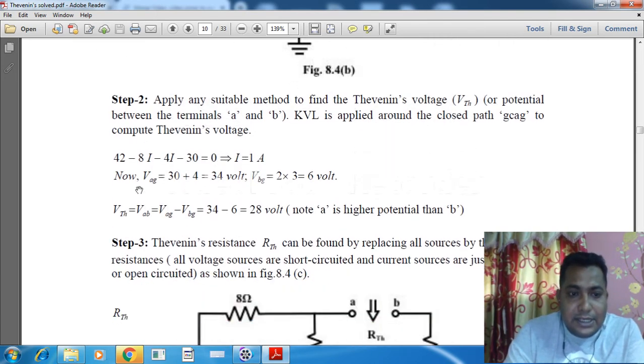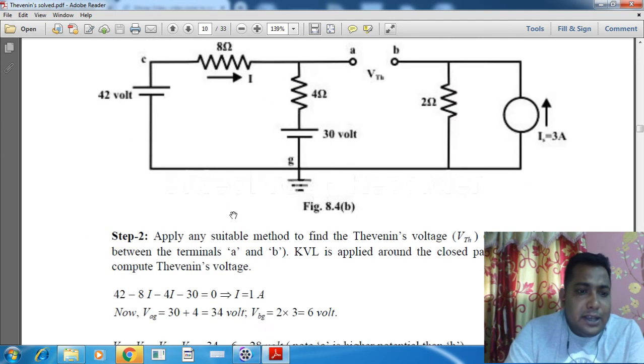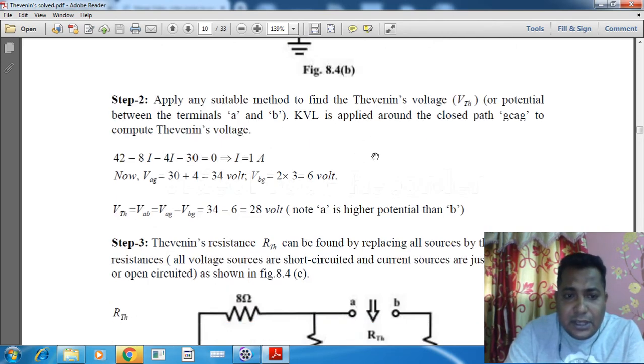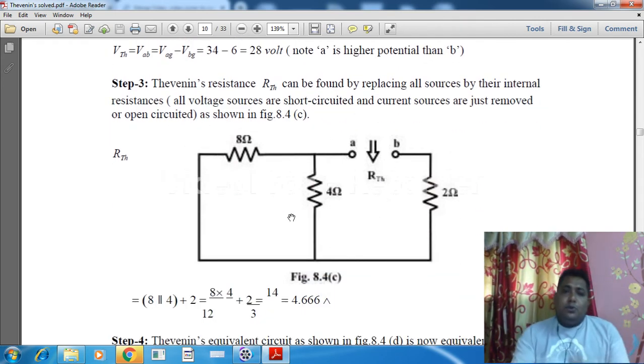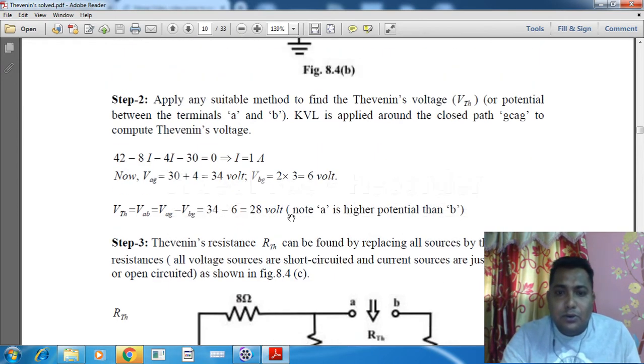First they have found VAG, so VAG is 34 volt and VBG is 6 volt. So what is the VTH? VAG minus VBG, the difference between the two will give us that voltage. So VAG minus VBG will give 28 volt. Correct.